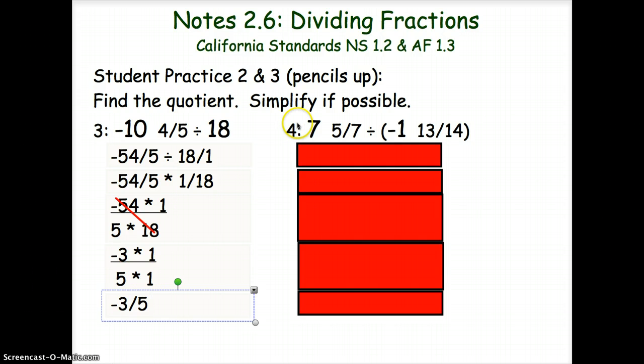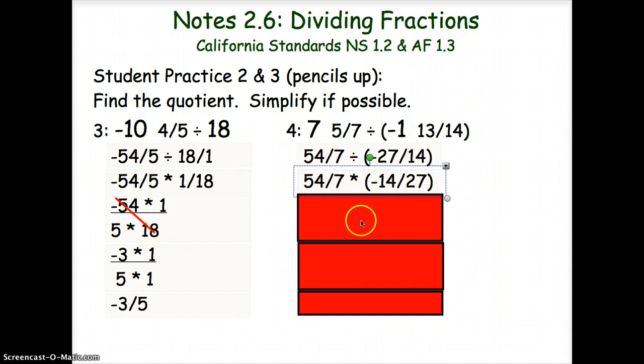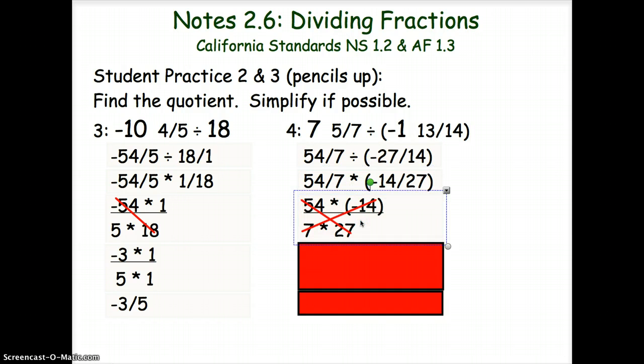Okay, problem number 4, same thing, make your fractions improper. Skip, change, flip. Cross cancel if possible. And notice here we can cross cancel both of them. And 54 and 27 are both divisible by 27. That might have been a tough one for you to pick up on.